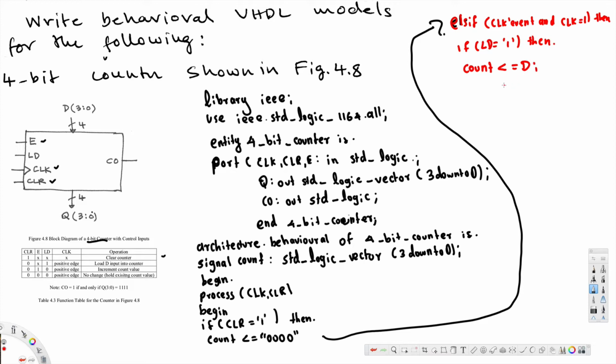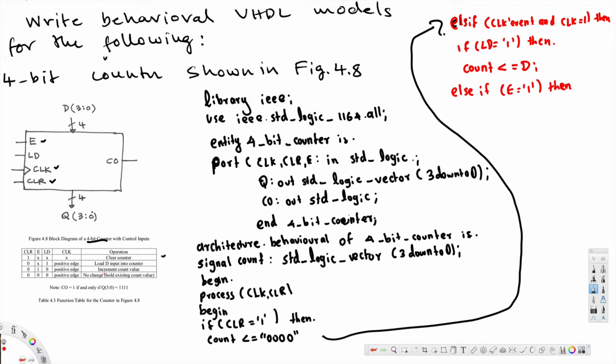Okay, then else if E is equal to 1, then. Here else if we are having E. If the E is equal to 1, it means these two conditions are not satisfied, and it goes to this one.